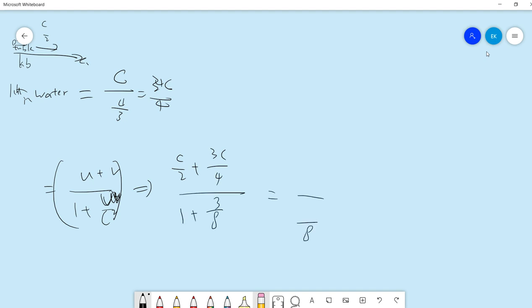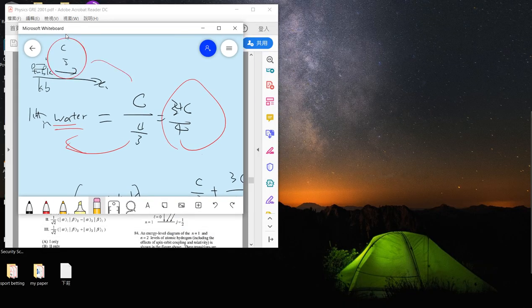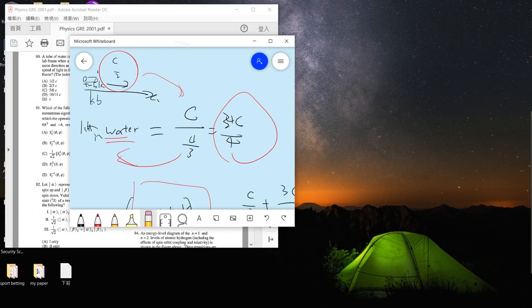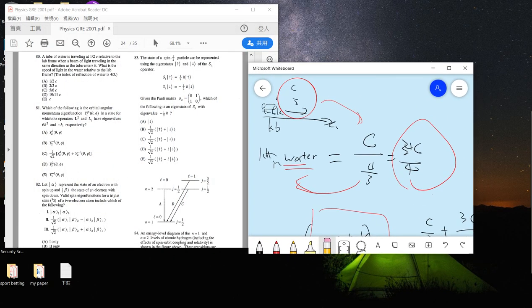So it's 11/4 times 6/11, which gives 10/11 c. This is the speed of light in the water relative to the lab frame. So the answer is D.